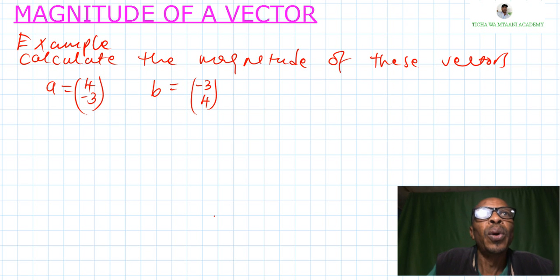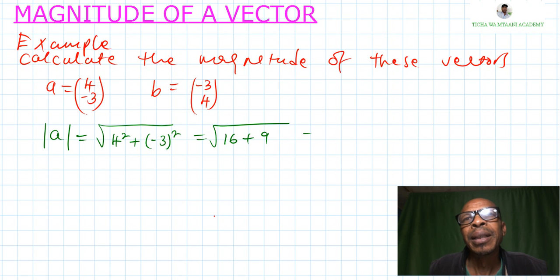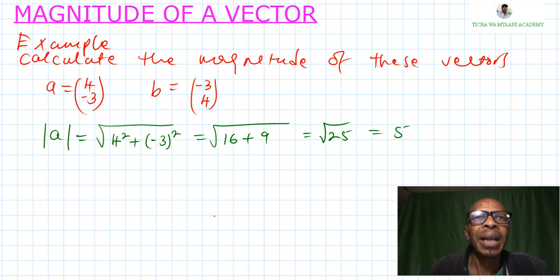So the magnitude of A, we use two vertical lines, is equal to the square root of 4 squared plus (-3) squared. That gives the square root of 16 plus 9, which is the square root of 25, equal to 5. Therefore, the magnitude of A is equal to 5. Now, the second one.